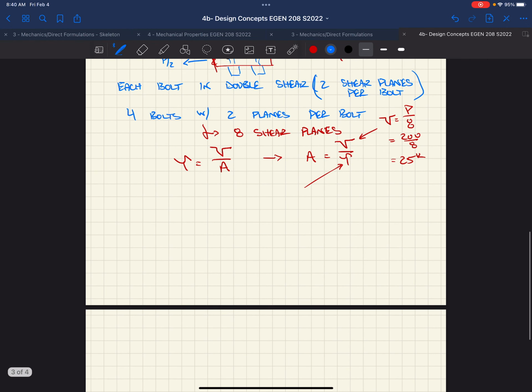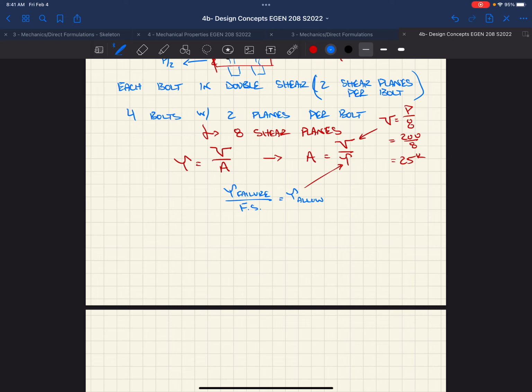So if we take our tau failure and we divide it by our factor of safety, we get our allowable shear stress. And that's what we're going to want to put in there. That's what we're going to allow the component to reach.